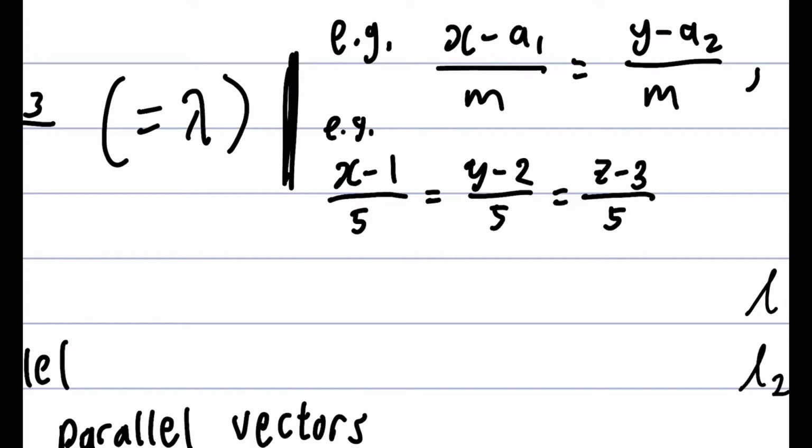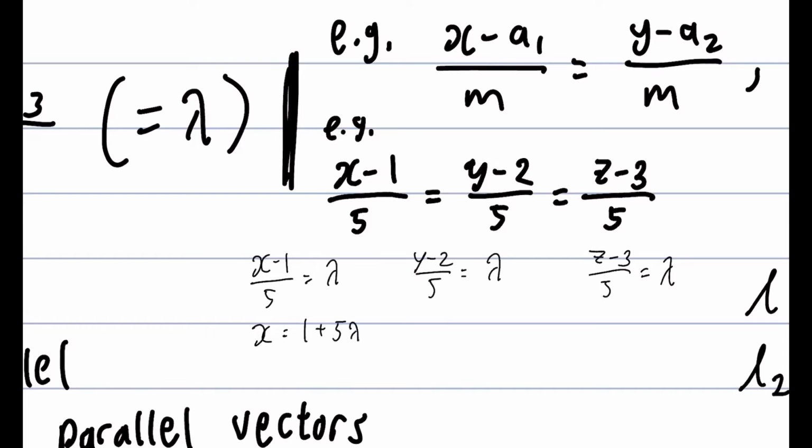Here's the strategy. You always start off with this guy equate to lambda. Second guy equate to lambda. Third guy equate to lambda. Then you solve for x. So x in this case will be 1 plus 5 lambda. Y equals, 5 times over, so it becomes 5 lambda. You got minus 2, bring over, become plus 2.